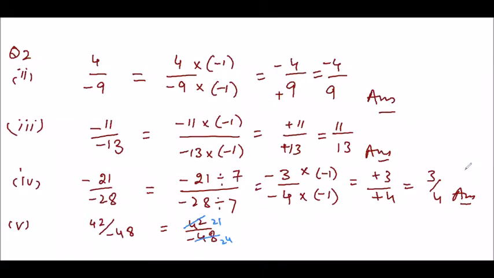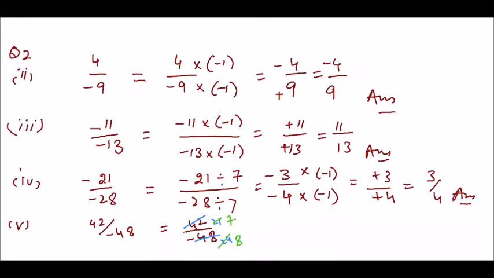Now I see that 21 can be divided by 3, and 24 can also be divided by 3. So divided by 3, 3 sevens are 21, and 3 eights are 24.